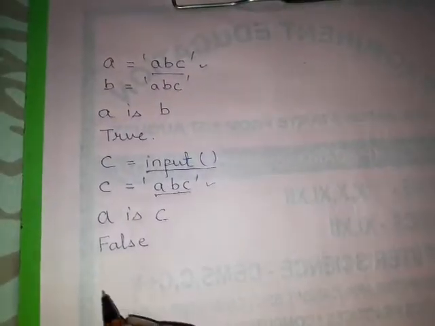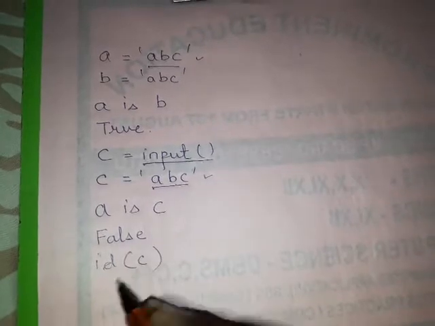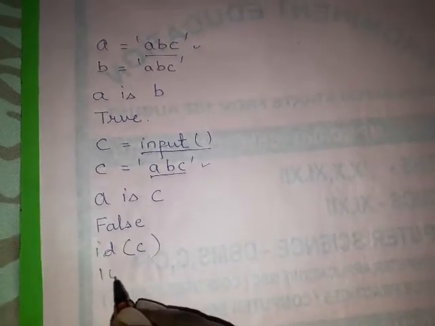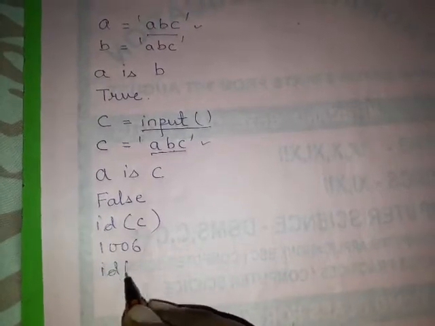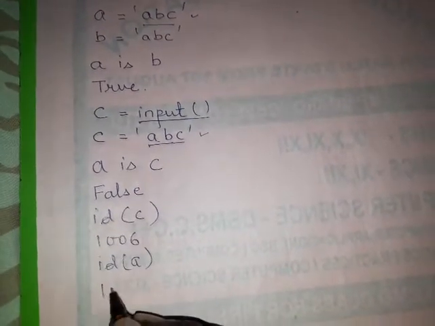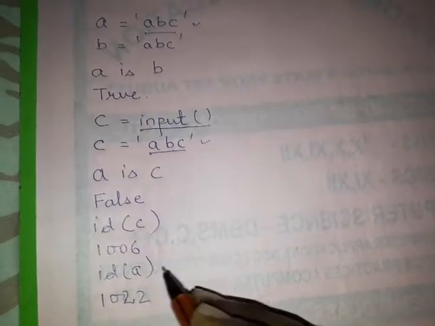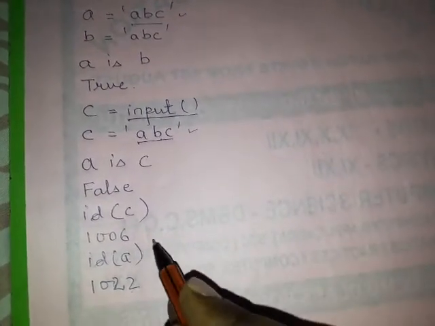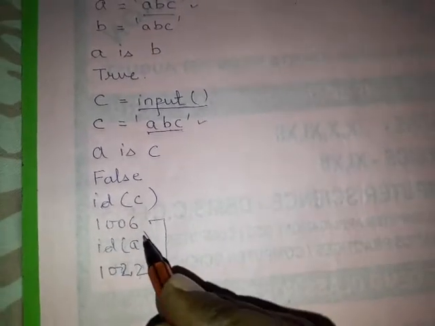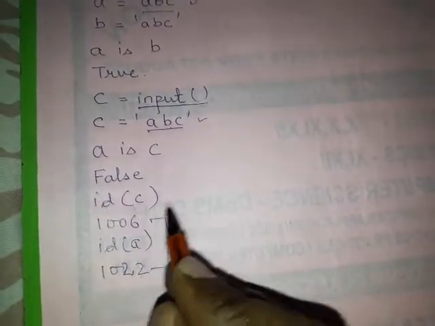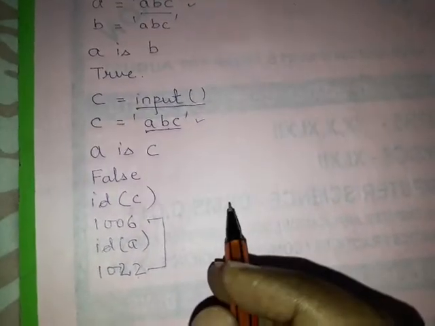If you write id of C, it will give, suppose, 1006, and if you write id of A, it will give 1022. So both these are different. These are not the actual values; I am explaining with the help of an example. Your computer will give you other values, but they are not the same. This is the main logic.